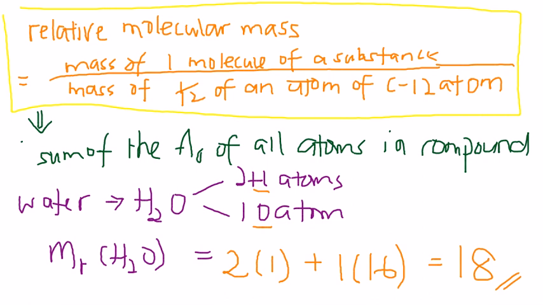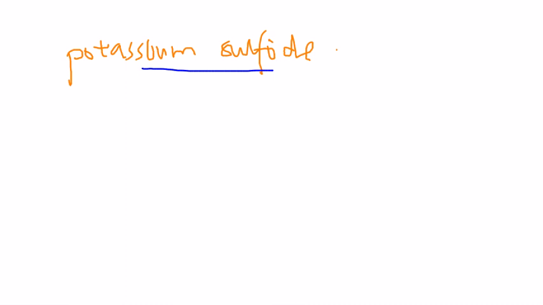Okay, in case you didn't get this example, let's try one more example. Let's try an ionic compound. So, if we are given potassium sulfide, what do we do? Okay, first step, we must always have the chemical formula first. And we have learned how to write the chemical formula for such compounds already.